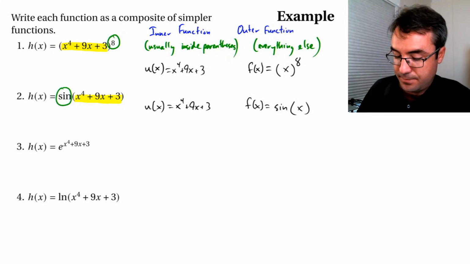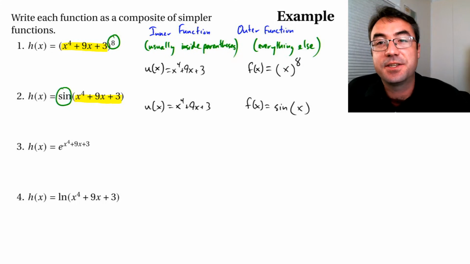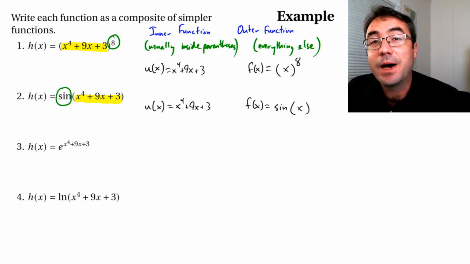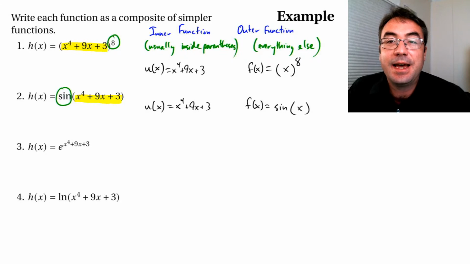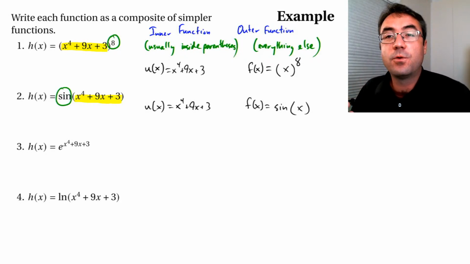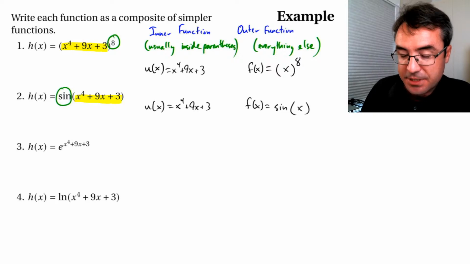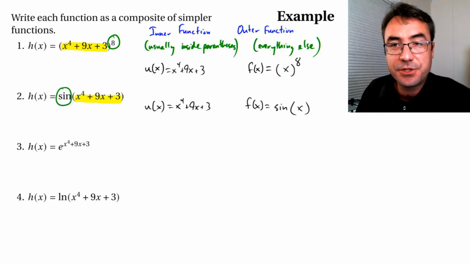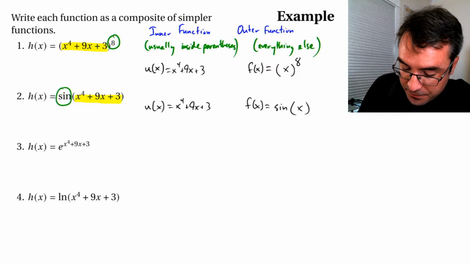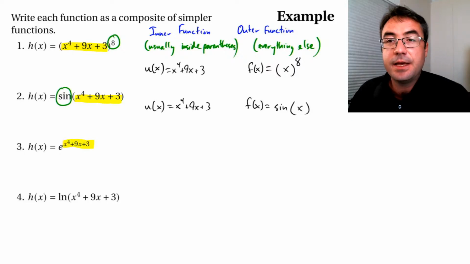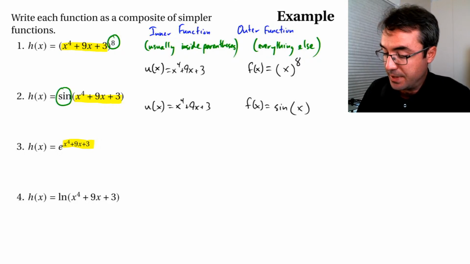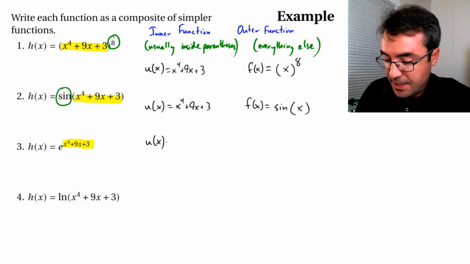Another one. e raised to the x to the fourth plus 9x plus 3. We want to break this one apart. And again, we're looking for a function that's inside of another function. And very similar, except we don't see the parentheses here, but they're kind of understood, the outer function is the exponential, and our inner function here is the exact same thing we've been seeing. It's u of x equal to x to the fourth plus 9x plus 3.